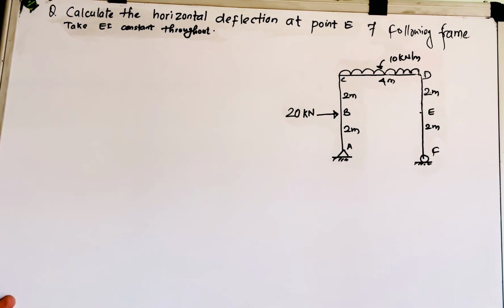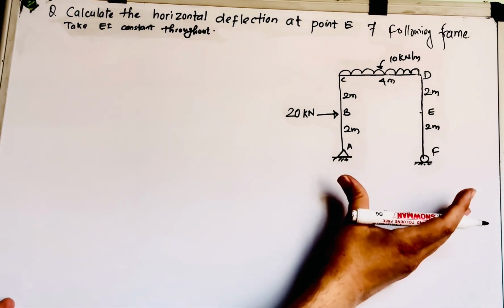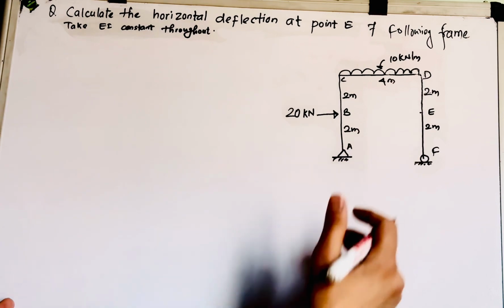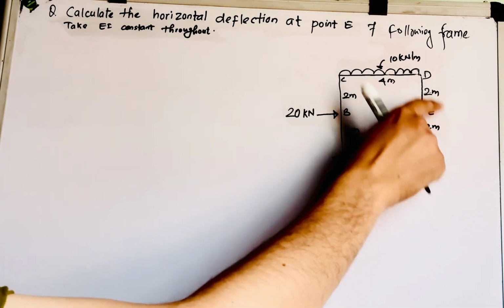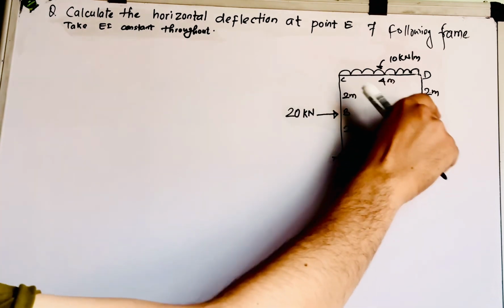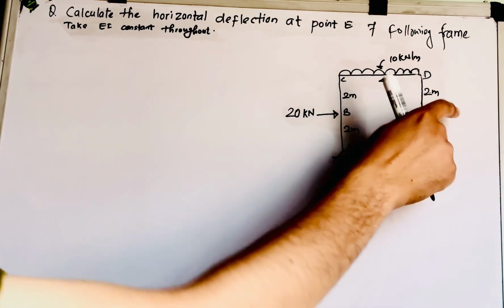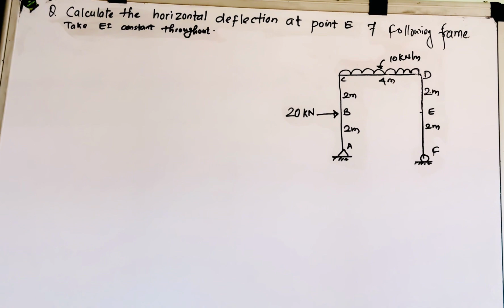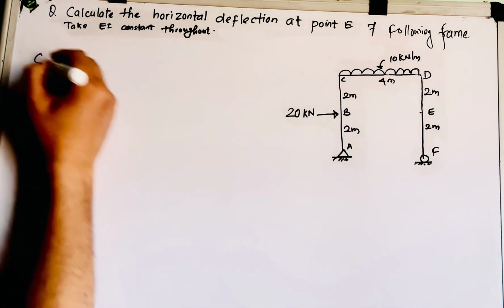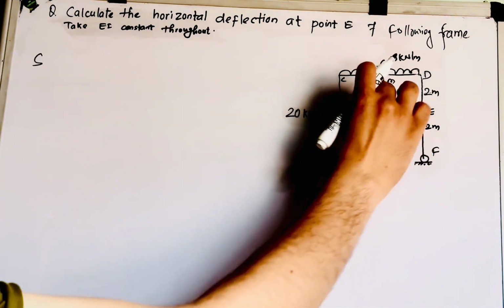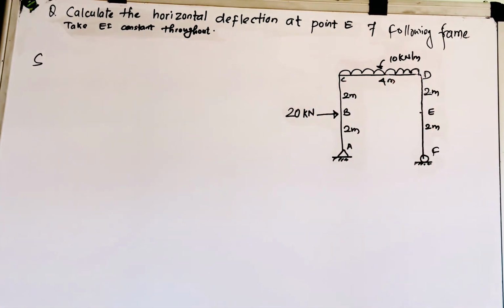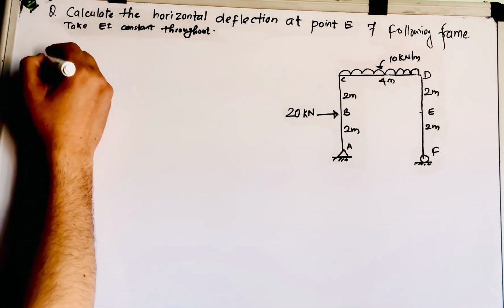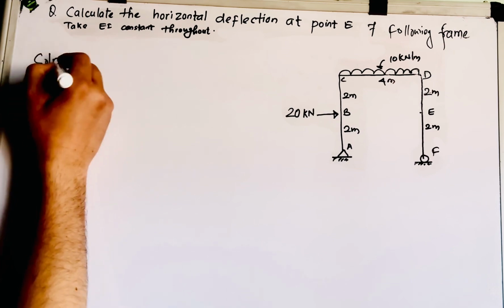Let us make a real system of this given frame, and we will be applying the unit load at the said position, that is E. It has said the horizontal deflection, so we need to apply the horizontal force at this given point E, right? At first you need to balance this frame and determine the moment at the individual sections. Yes, so for this let us try to do the solutions.